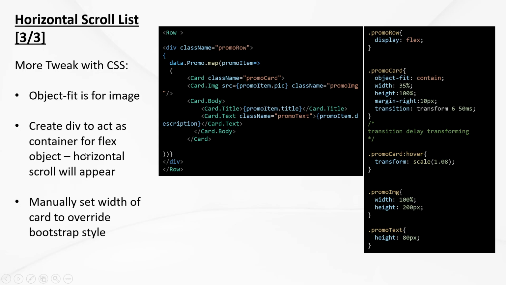I also need to create a div tag to act as a container for the flex object, so that the horizontal scroll will appear. And last but not least, I also play around with the width of the card, as you can see here also, which I mentioned previously.